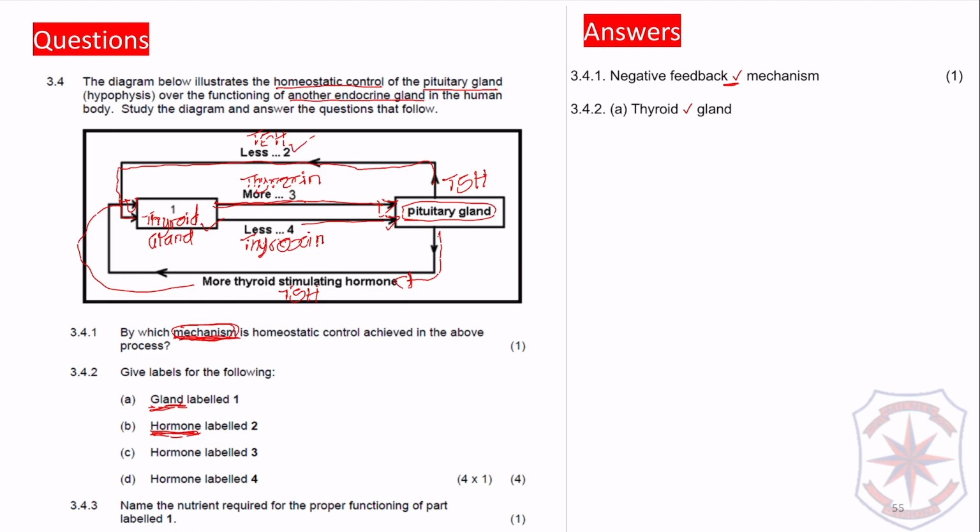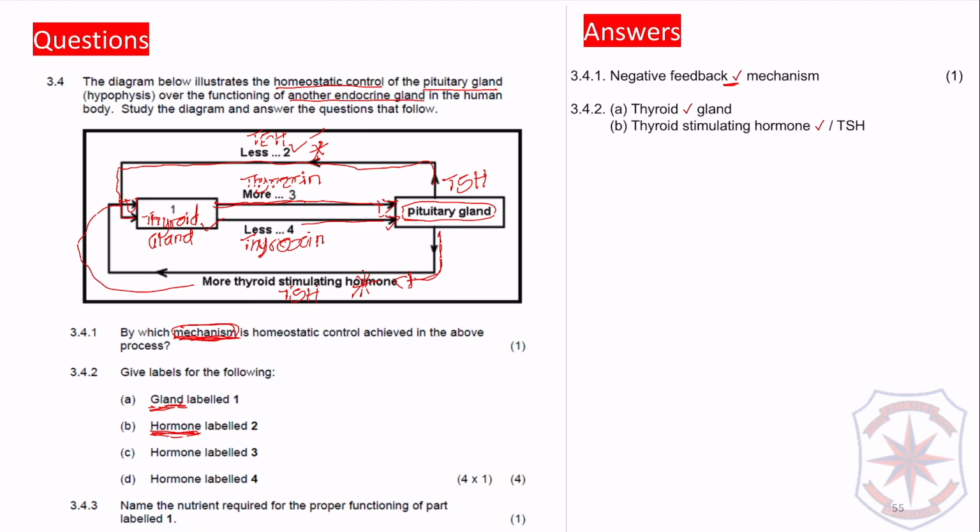The answer is thyroid stimulating hormone, or TSH. The clue was there. The same hormone that is produced more is the one that is produced less up there.